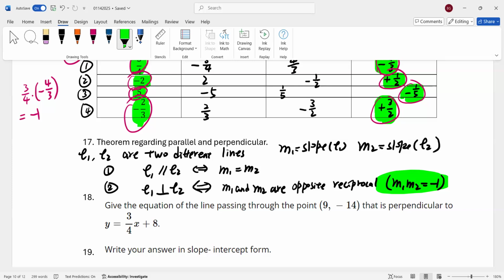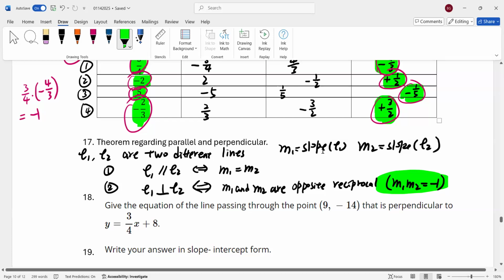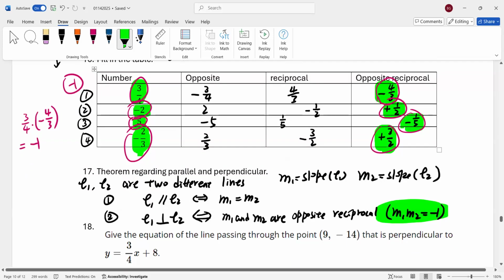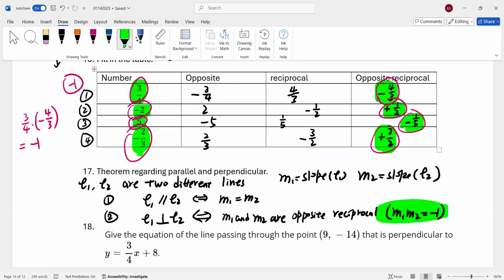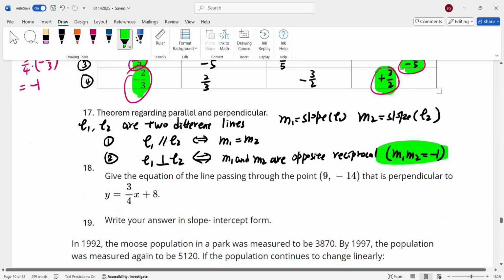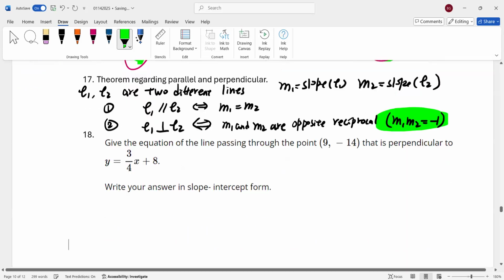Vice versa, if the two straight lines are perpendicular, then their slopes must be opposite reciprocals of each other. That's the reason I gave you a warm-up on the opposite reciprocal earlier. I consider this part a challenging part, so I put it here. Hope it helps. Now let's look at number 18. Number 18, let me get more space here.